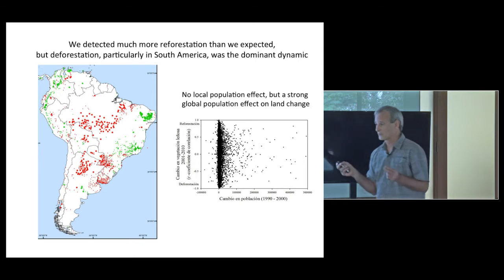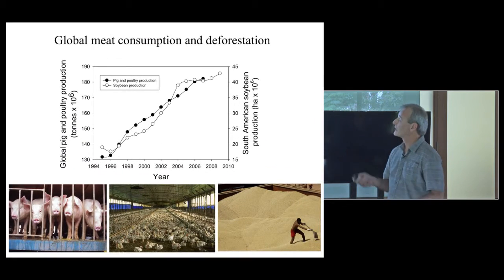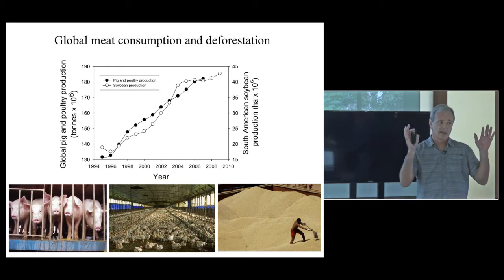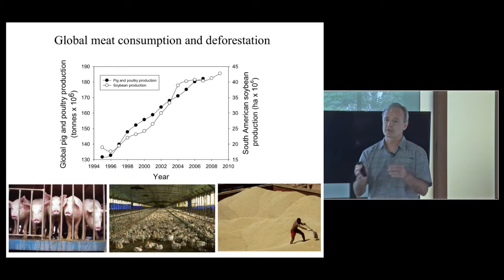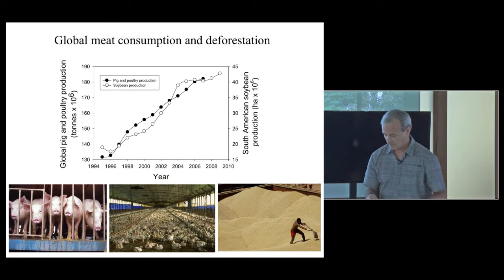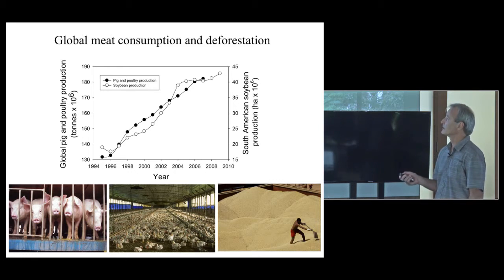Doesn't mean that people don't count. But we're making the argument that it's the global population that's driving a lot of this deforestation instead of the local population. And one thing that we think is an important factor in this is global meat consumption.